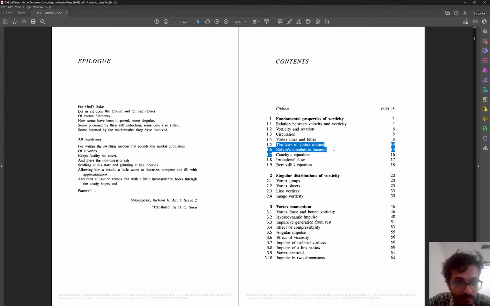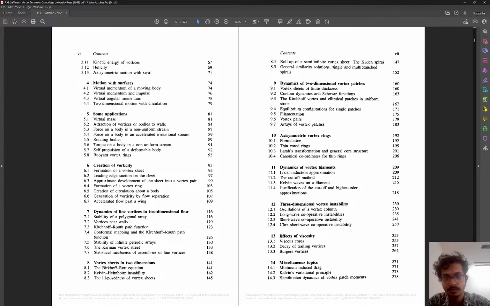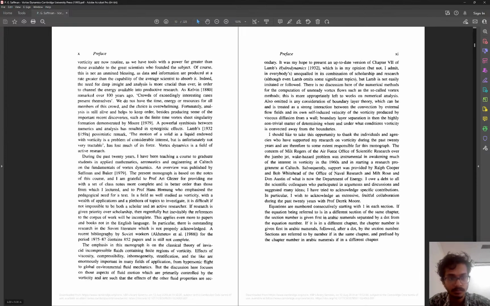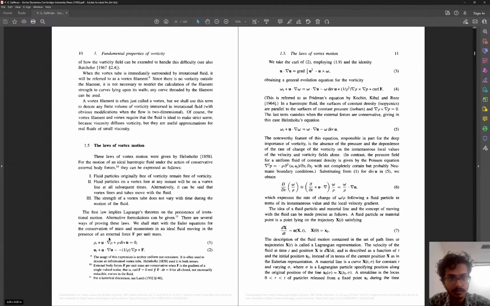Kelvin's evolution theorem and the three laws. What they are trying to do is do it component-wise.